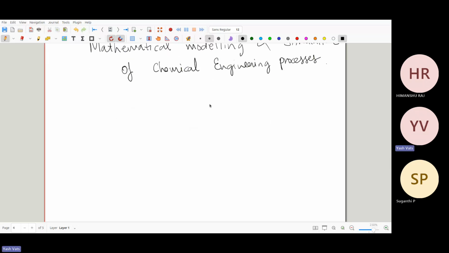So we will start with how we do mathematical modeling. The first question is: how to make a mathematical model and what does it look like?